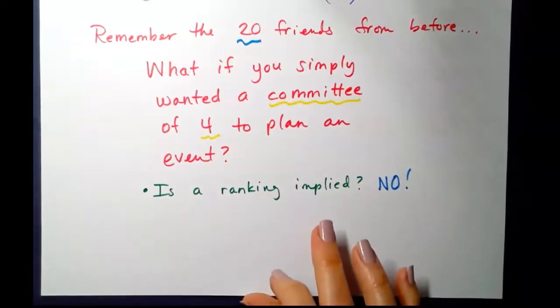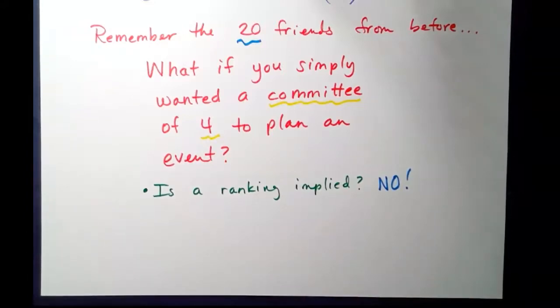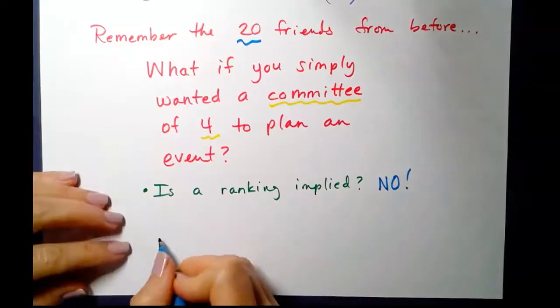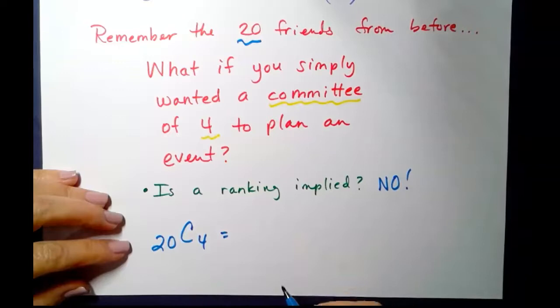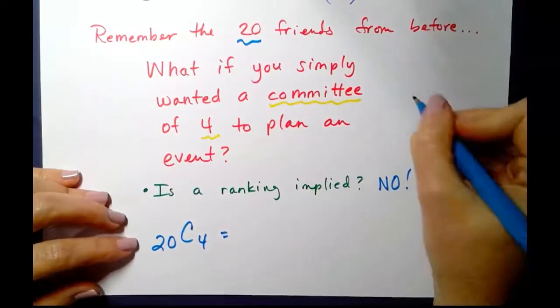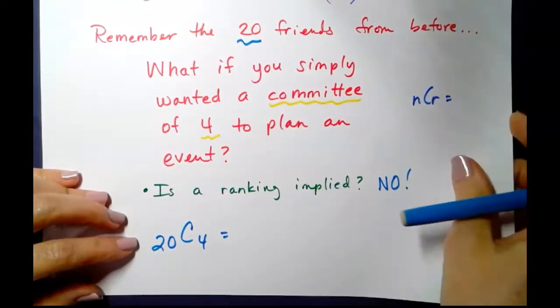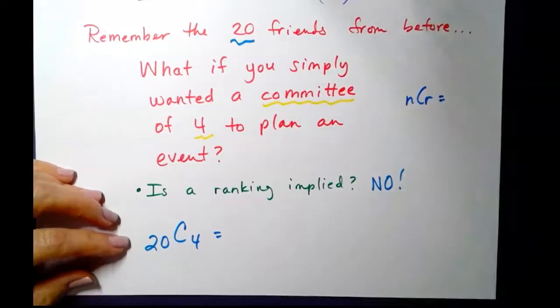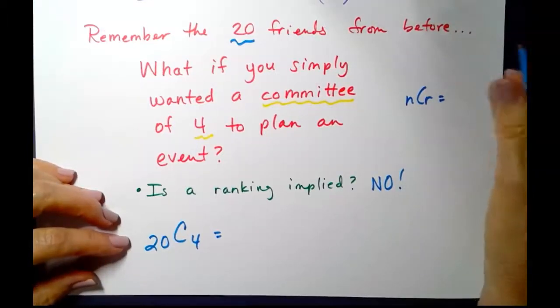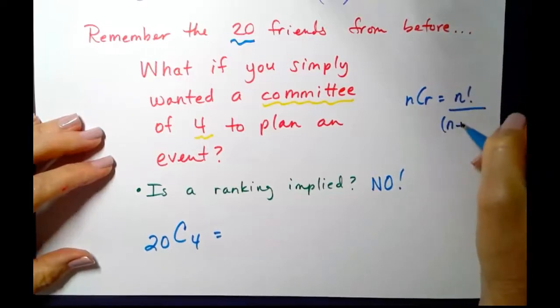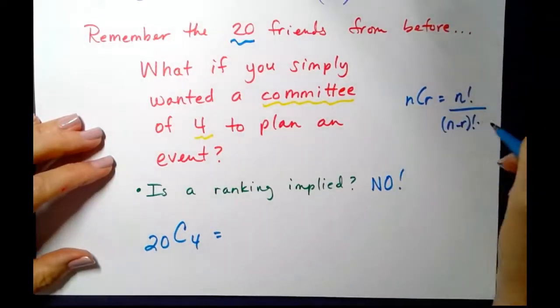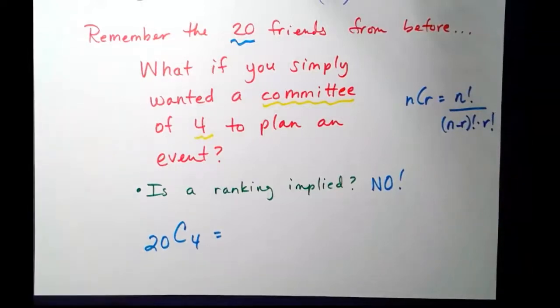So if we just want a committee where everyone has equal power, this is simply going to be 20 choose 4. Now, the NCR formula, and it is touched on in the binomial theorem chapter, is n factorial over n minus r factorial times r factorial.